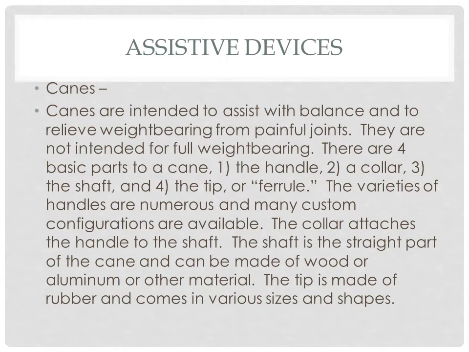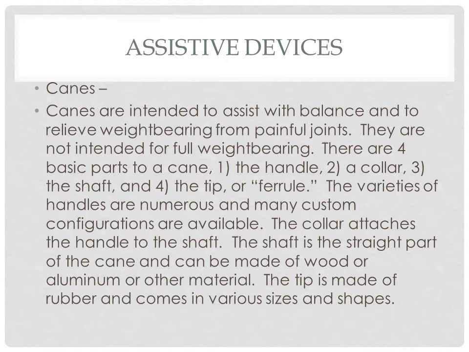Now, even though you've seen hundreds of canes probably in your life, you may not have given much thought to them. I know I never did. But there are four basic parts to a cane. There's the handle of the cane. There are two basic types of handles. We'll go over those in just a moment. There's a collar, and the collar is what connects the handle to the shaft of the cane.